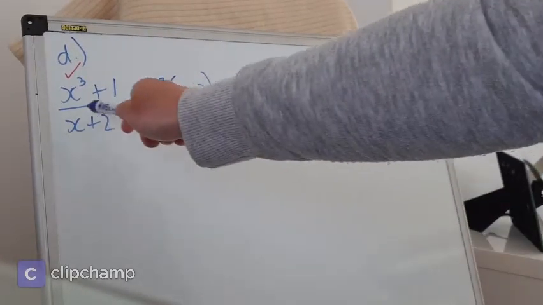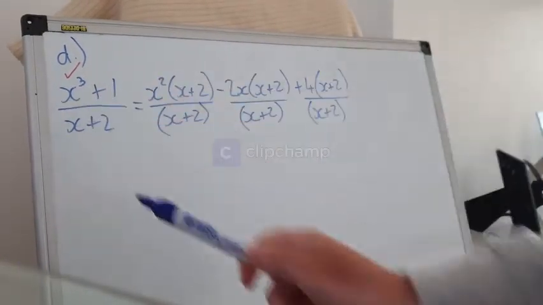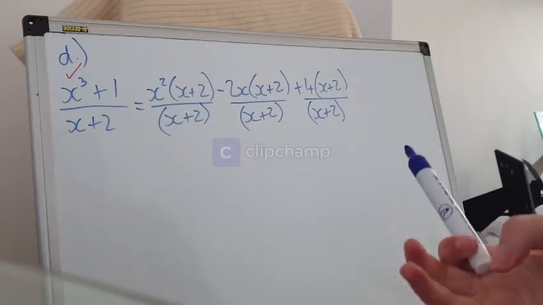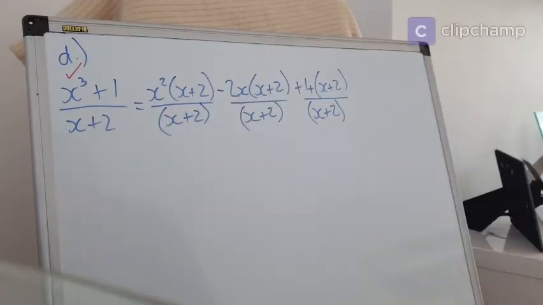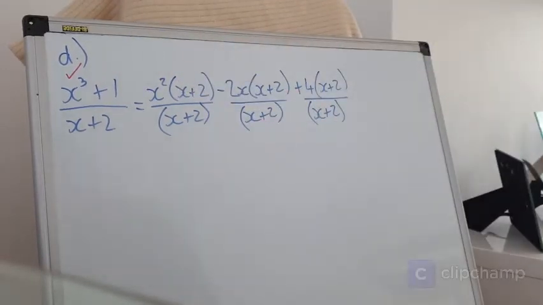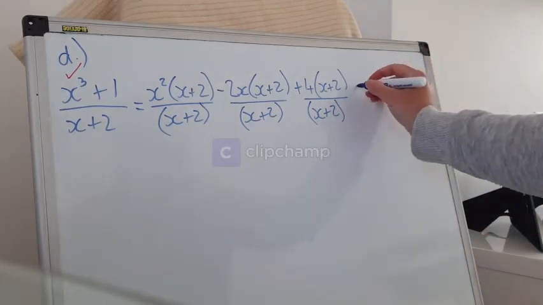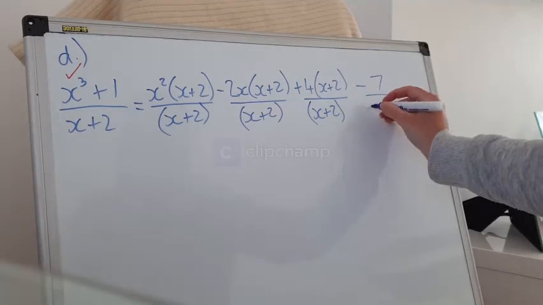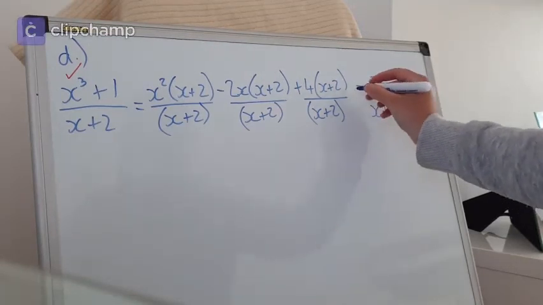Okay, I can't use my denominator to get anything because my constant is a degree below the x. So I'm at positive 8, I want to get down to positive 1, so all that's left for me to do is subtract 7. And again, keep that over the denominator.